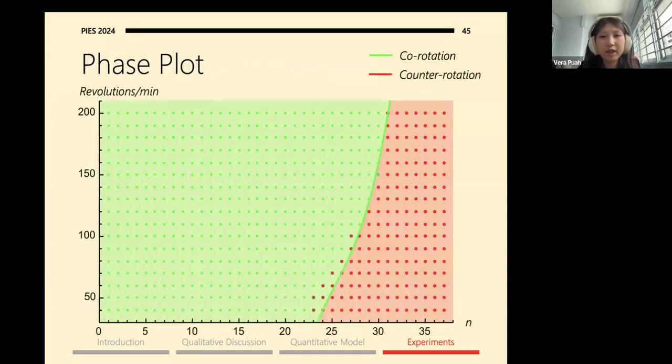So now we can also look at a phase plot for when it co-rotates and when it counter-rotates. And as we can see, there's this sort of transition line that we can somewhat predict, and the predictions seem to be better for a higher number of balls. And we can also see the same trend that we've predicted earlier, that the higher the number of balls, the higher the revolutions per minute needed to induce co-rotation.